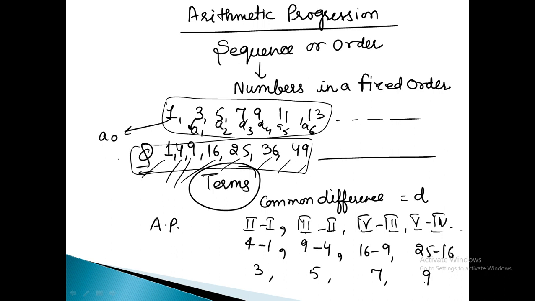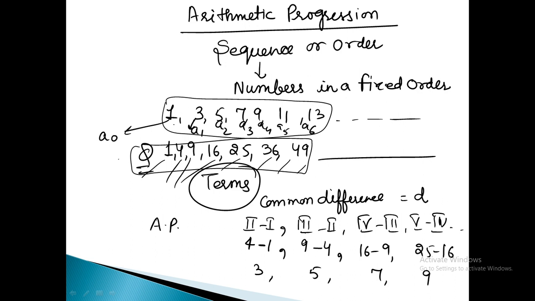Now you can see there is no common difference because all the numbers are different. If these numbers were the same, then we could say this is a common difference and the series is in arithmetic progression. So 1, 4, 9, 16, 25, 36, 49 is a sequence but not an arithmetic progression because there is no common difference between the terms.